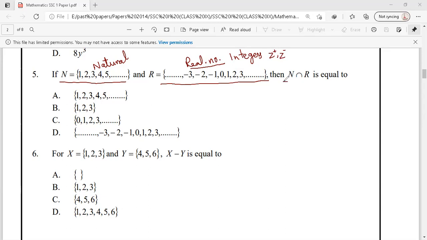So we have to perform an operation that is natural number and this integer, the intersection of these two sets. And this operation intersection represents the common elements.